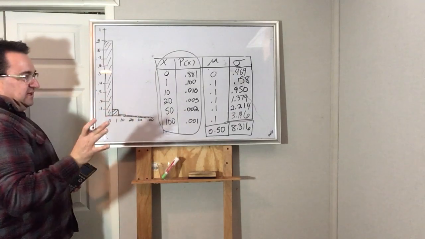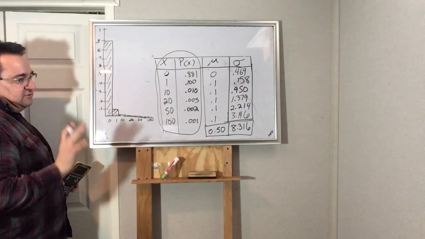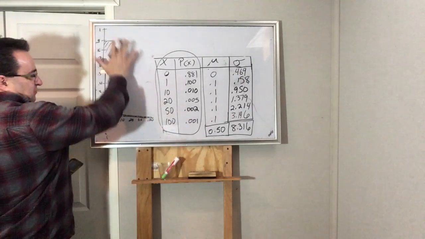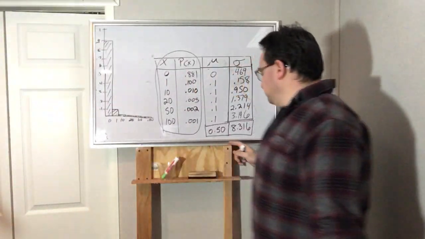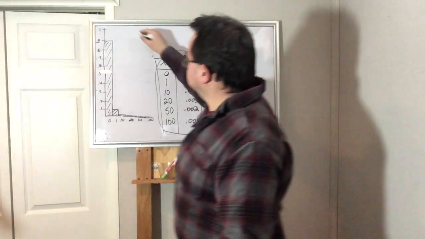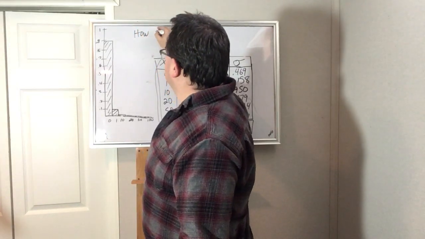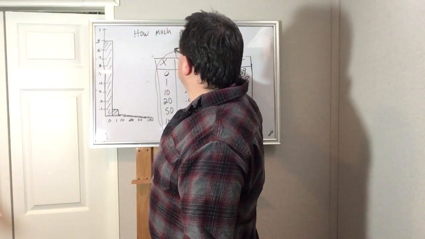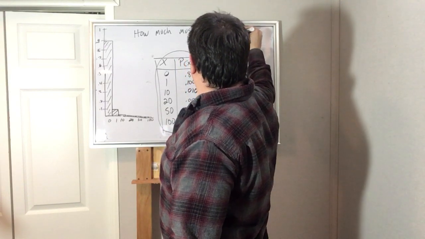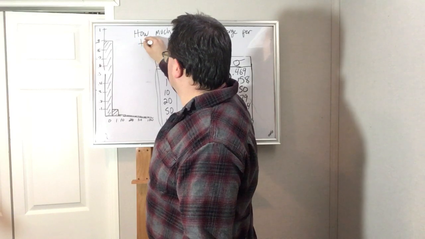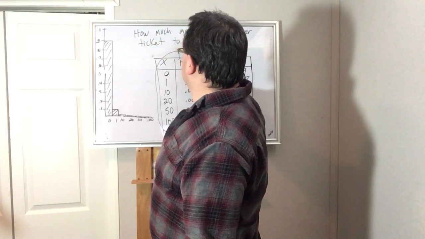For this, I will be giving you a raffle ticket problem. I'll just tell you that up front. You won't have to do this, but I will want to see this table. I'm also going to be asking you a final question. How much must we charge per ticket to make a profit?